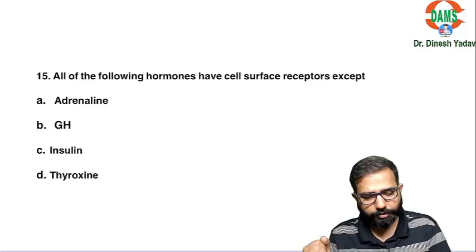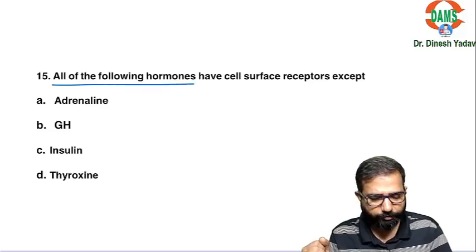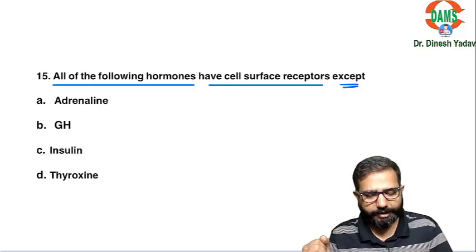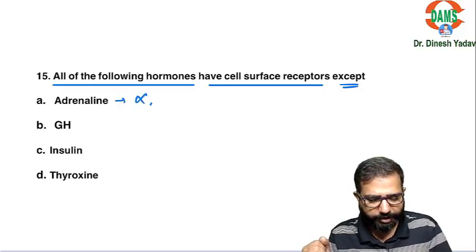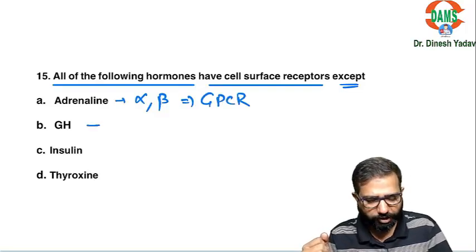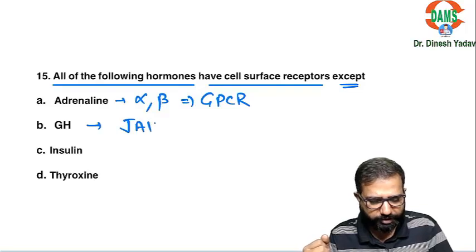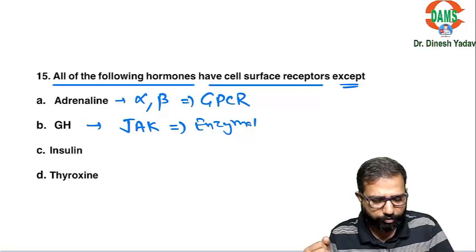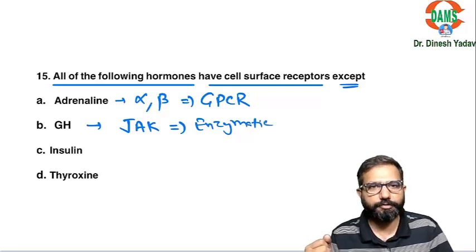Next question. All of the following hormones have a cell surface receptor except? Adrenaline acts via alpha and beta receptors. It is a GPCR, that is a cell surface receptor. Growth hormone acts via Janus kinase, an enzymatic receptor, which is also on the cell surface.